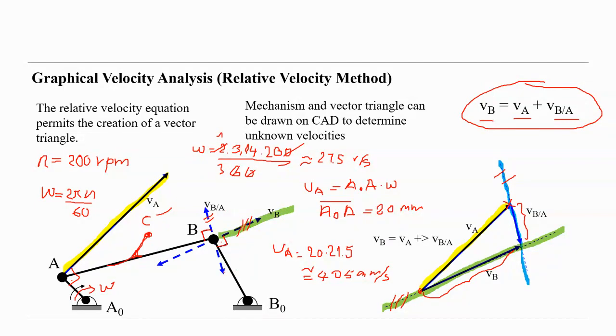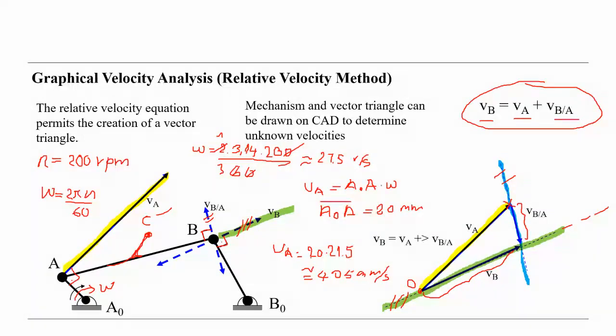So I can draw a parallel line from the point O, and this is VB, a line going like this.